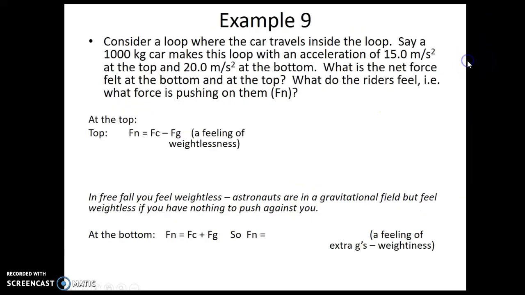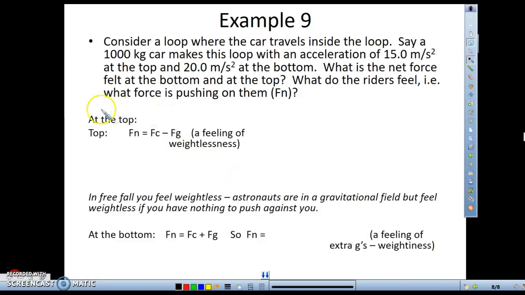All right, so looking at our formulas here, if I have a 1,000 kilogram car, and by the way, we could talk about this as a person in the car too. We could say a 50 kilogram person in the car and focus on the person rather than the car. Either way you want to do it, but let's talk about the car. So what is this feeling here? Well, F sub n is going to equal F sub c. Now, F sub c is going to be this mass times this acceleration at the top.